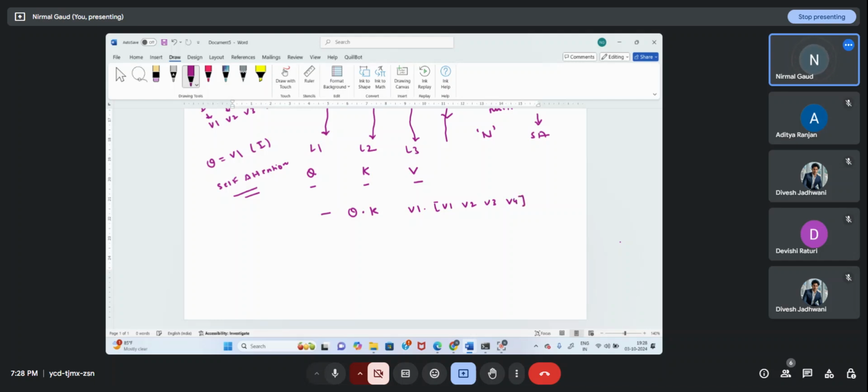That's what you have to take, the dot product. The result will be w11, w12, w13, w14. These are attention scores.